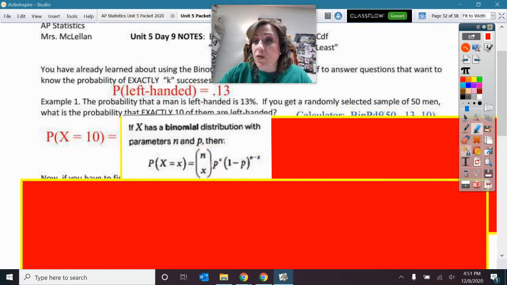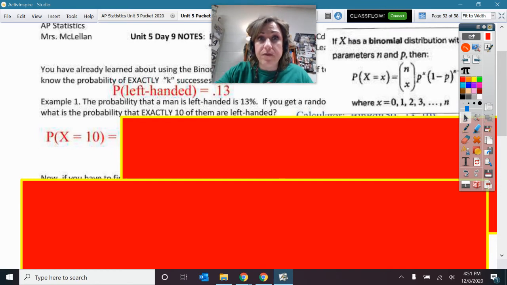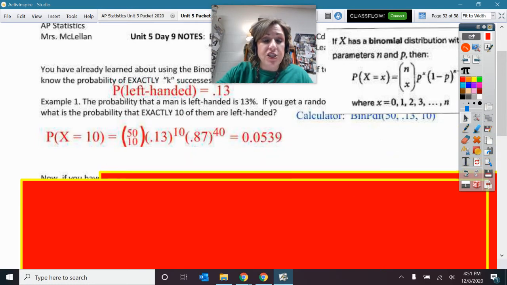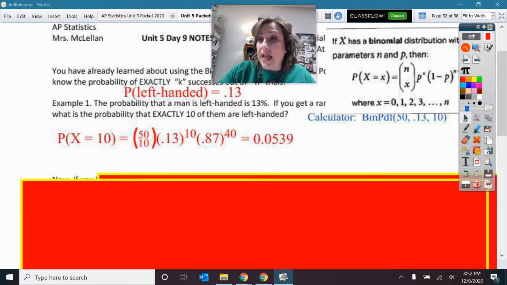Well, you know that 10 plus the other number totals to 50. So do you see here our success probability and the number of successes we have? Our failure probability and the number of failures we have. And of course, this is our 50 choose 10.